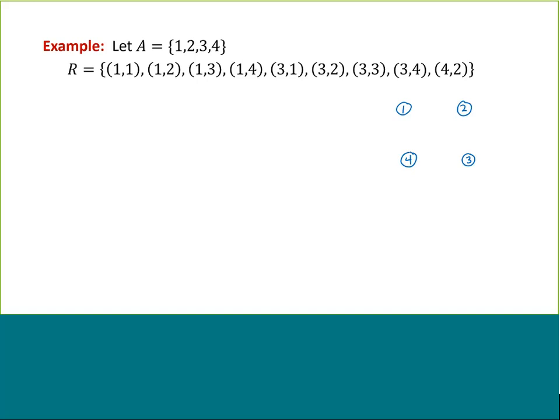So (1,1) is a loop. (1,2) is just an arrow. (1,3), the arrow from 1 to 3. (1,4), the arrow from 1 to 4. (3,1), start at 3, go back to 1. (3,2), start at 3, go to 2. (3,3), there's a loop at 3. (3,4), we start at 3, we go to 4. And (4,2), we start at 4 and we go to 2. And with my luck, I'm going to have the next fly-in actually be that graph.